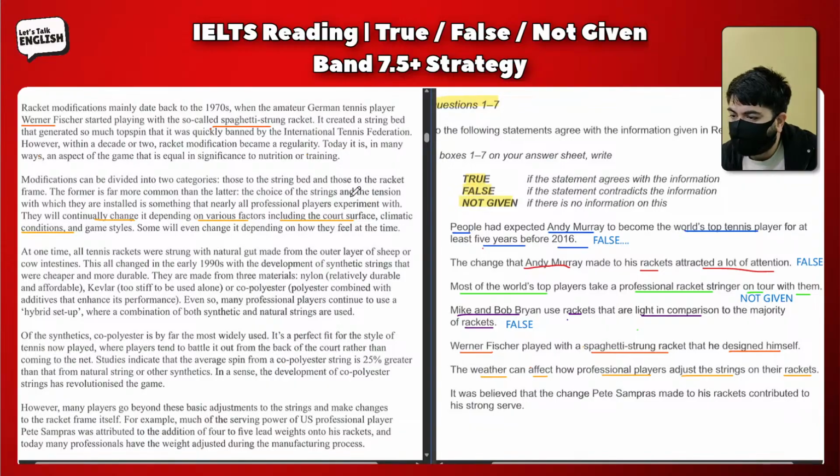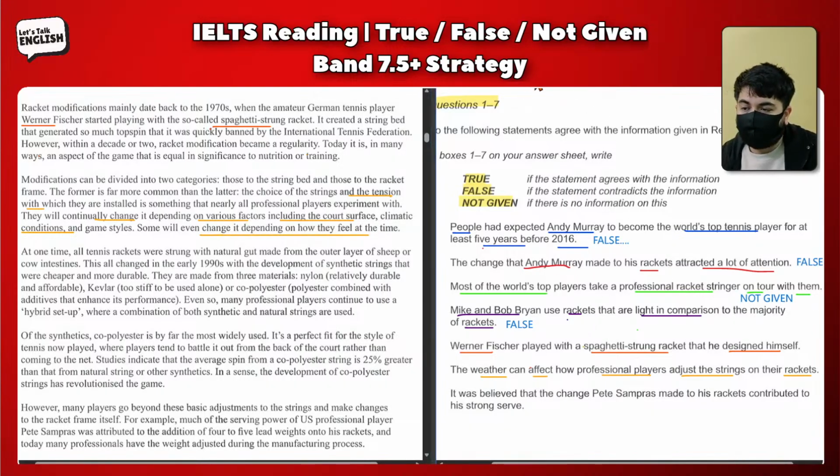Tension is adjustments of the strings. So, yes, first of all, it is given. It very clearly gives here the choice of strings and the tension with which they are installed. All professional players experiment with. They will continuously change it depending upon various factors. So, yes, yes, yes.